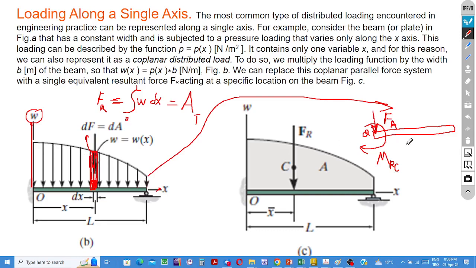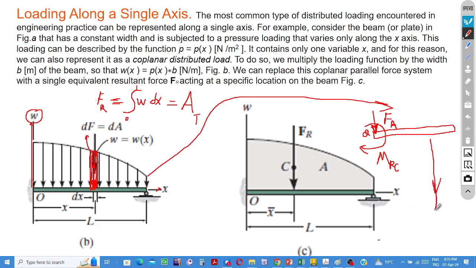But we know that whenever the line of action of the resultant force and the resultant couple moment are perpendicular to each other, at 90 degrees, then this system can further be reduced.